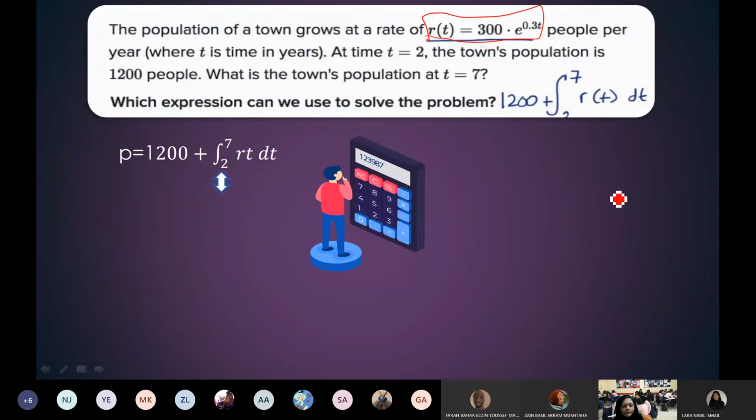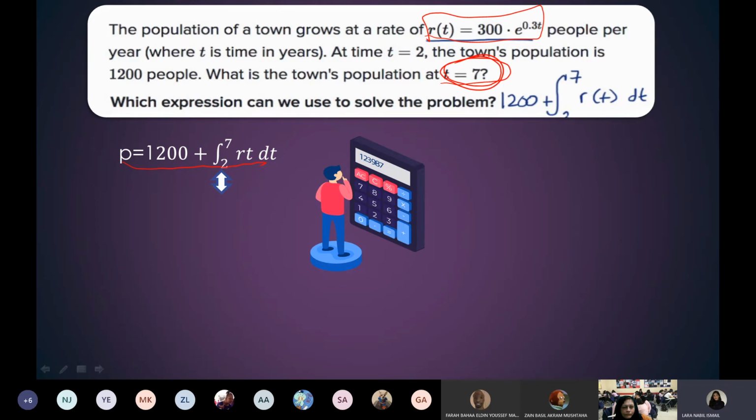Yes. Okay, so now as we know, the town's population is 1,200, and the growth rate is 300 multiplied by e raised to 0.3t per year. So now we're going to solve it for t equals 7.